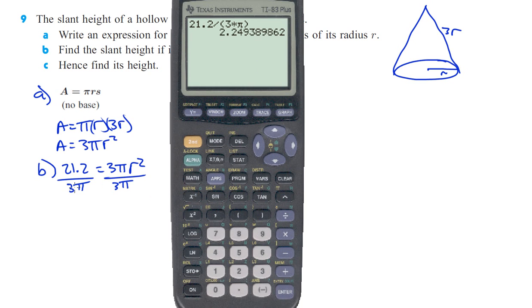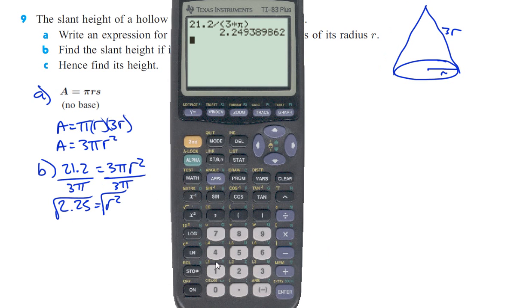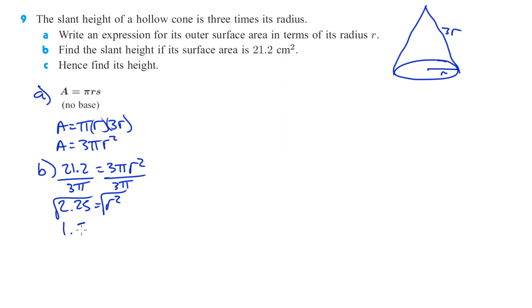That gives us 2.25, we'll call it. Square root both sides, and we get 1.499, so let's call that 1.50 is our radius, and that's centimeters. Okay, the slant height is going to be 3 times that, so 1.5 times 3 gives us 4.50 centimeters is our slant height.